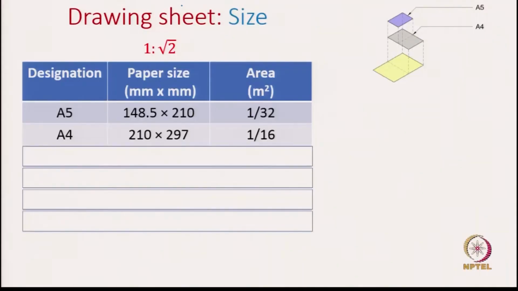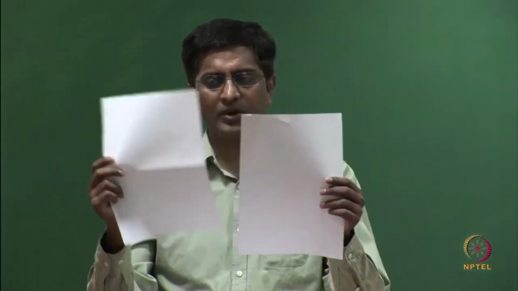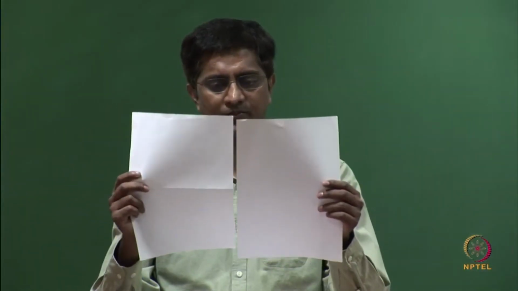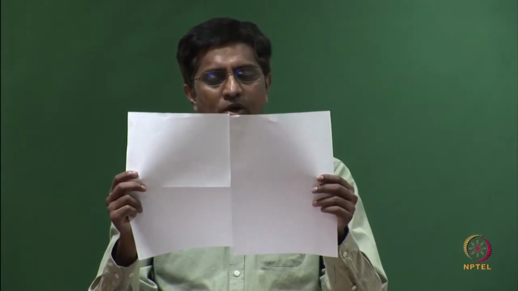Usually in drawing we use sheet sizes which are larger than A4. So, let us look at the next larger size. As you can guess, it is A3. In A3, we are taking two A4 sheets and joining them along the longer edge. Since you are taking two A4 sheets, the area is twice.